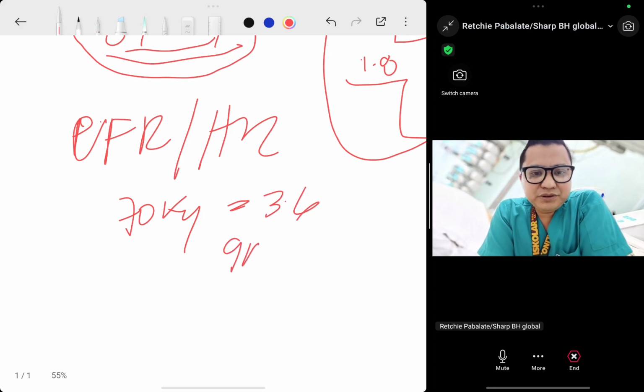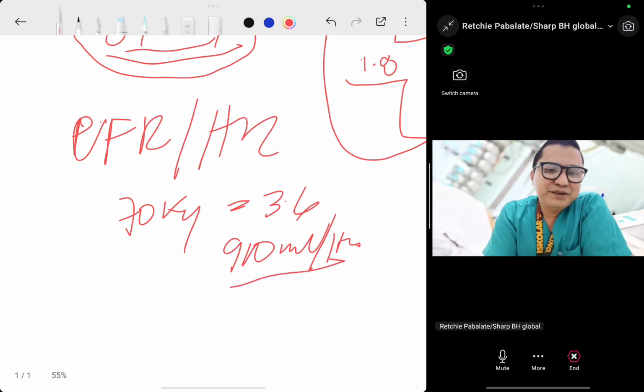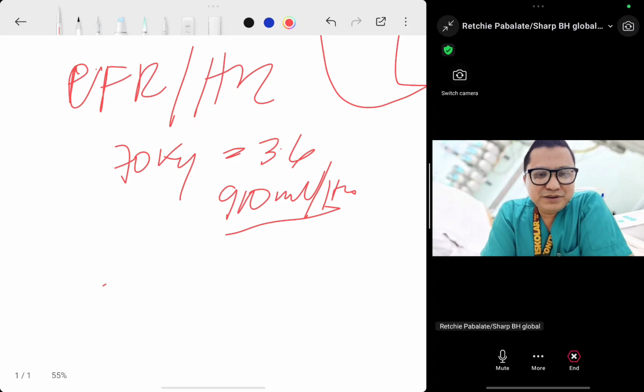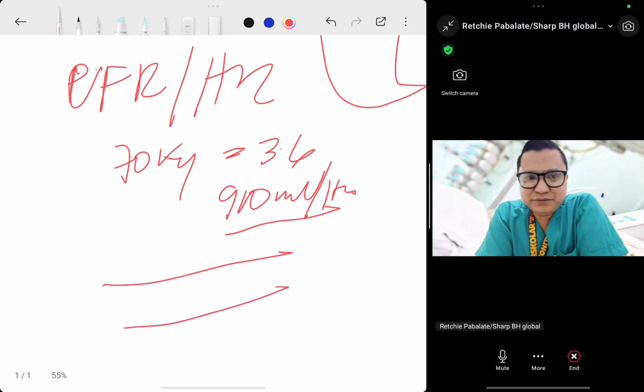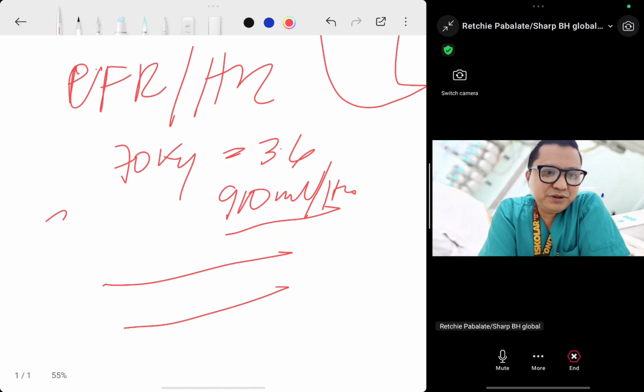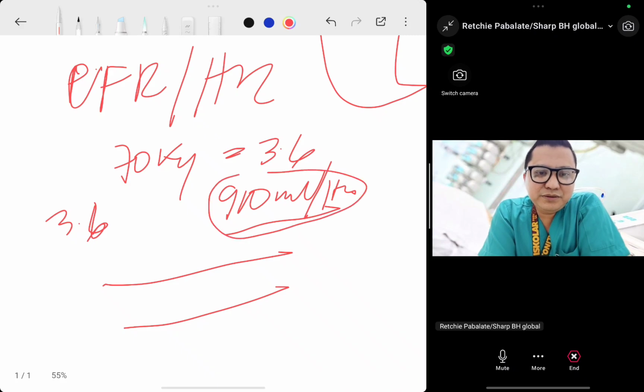So the UF rate per hour is around 910 ml per hour. I don't know if it's correct, but it's 910 or 900 ml per hour. It is calculated over 4 hours. So most of the staff nurses will encode in the machine 3.6. So they are removing around 900 ml per hour.